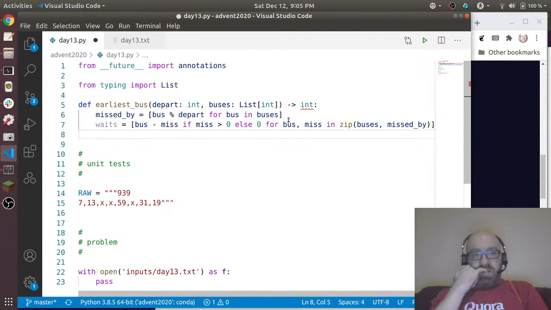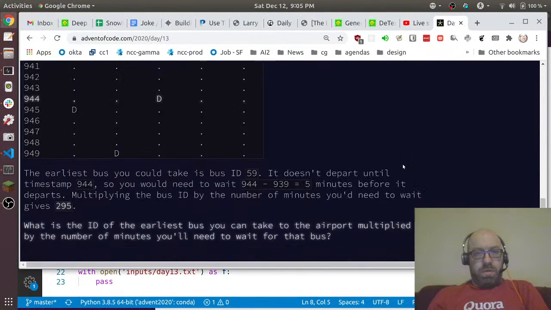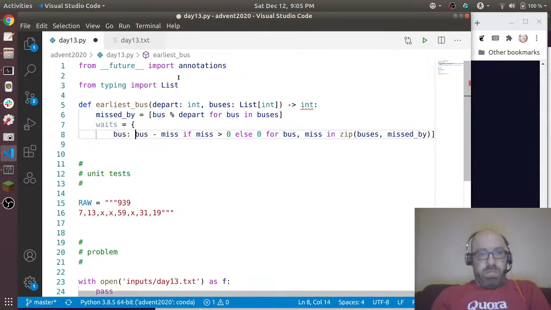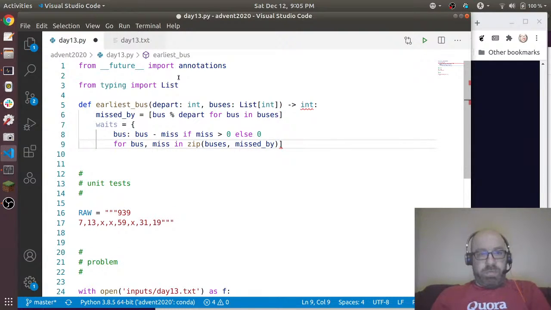And now, it said the buses will have to be unique. So what I'm actually going to do, just to make my life easier, is bus minus miss, or 0 if miss equals 0, for bus.